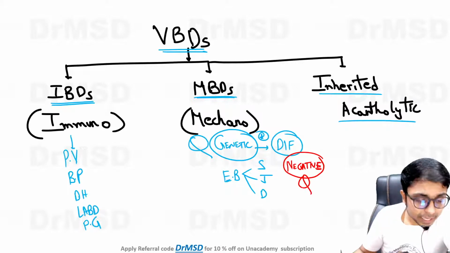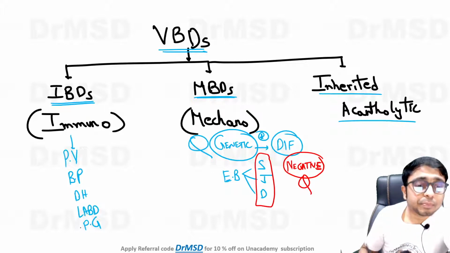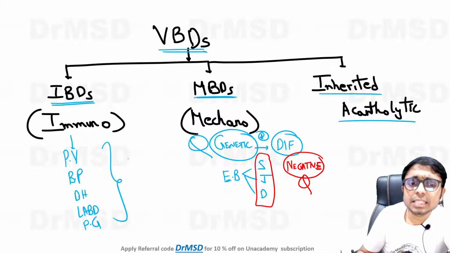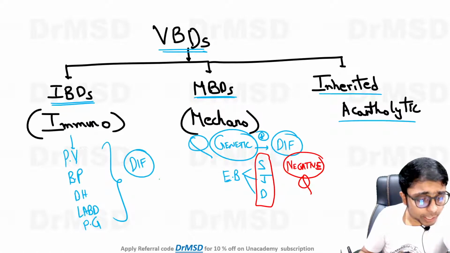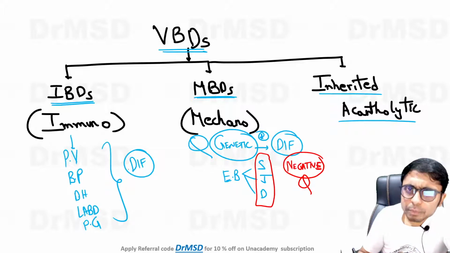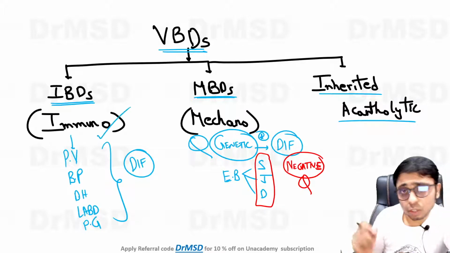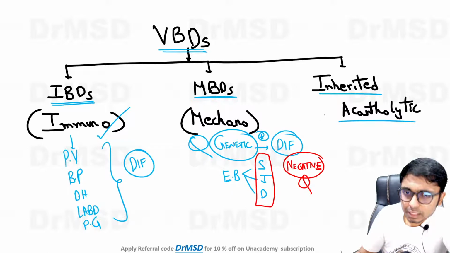Very, very important to remember, in all these conditions DIF will be negative. Why? Because direct immunofluorescence identifies autoantibodies, and autoantibodies are present in immunobullous disorders. That is one general thing which you must remember.